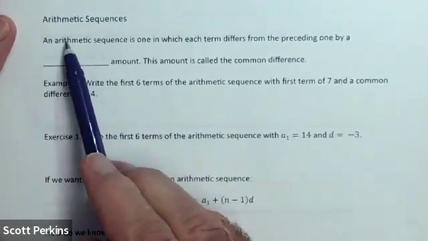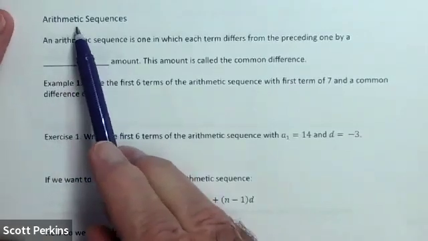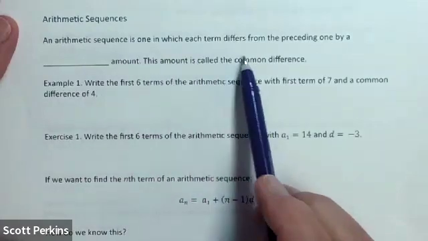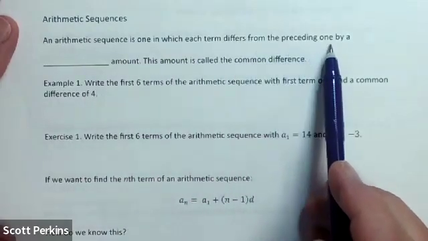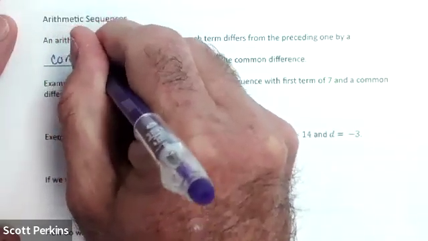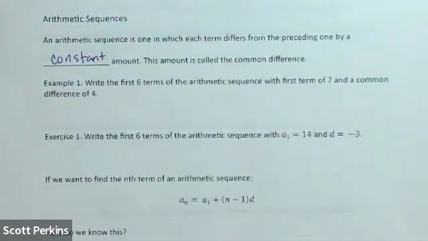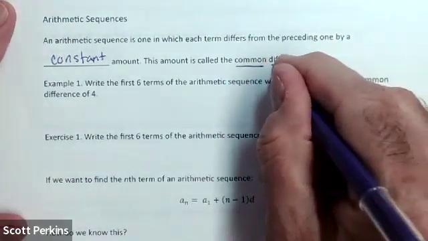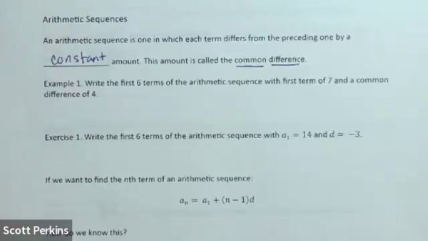What makes this an arithmetic sequence is that each term differs from the preceding one by a constant amount. The amount is called the common difference. So going from one term to the next term is always the same amount. And so that is called the common difference.